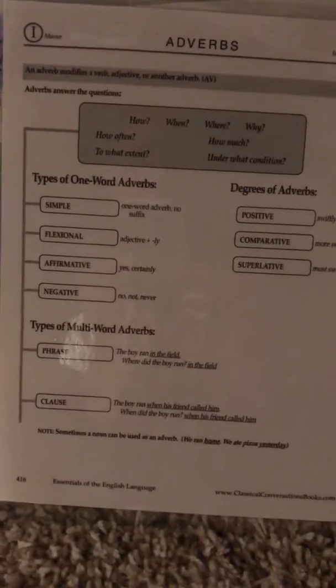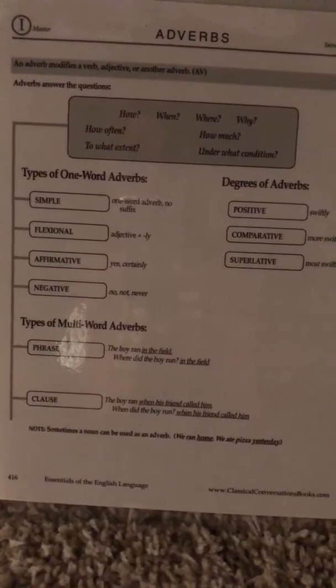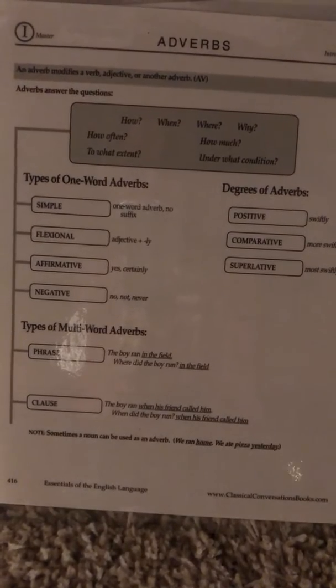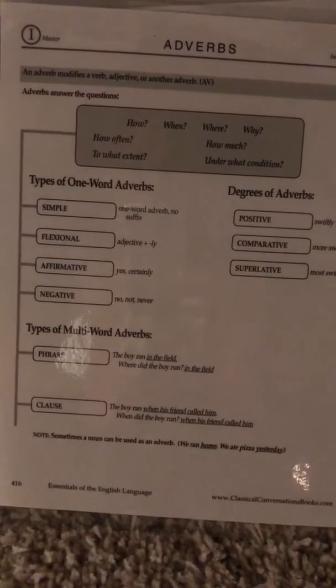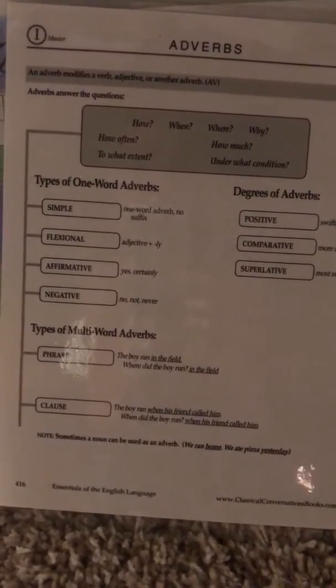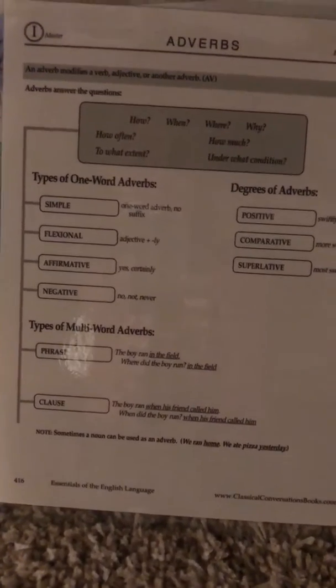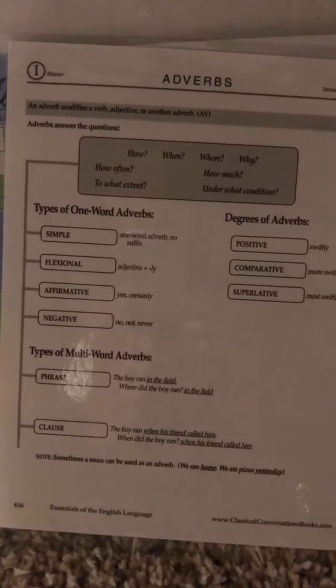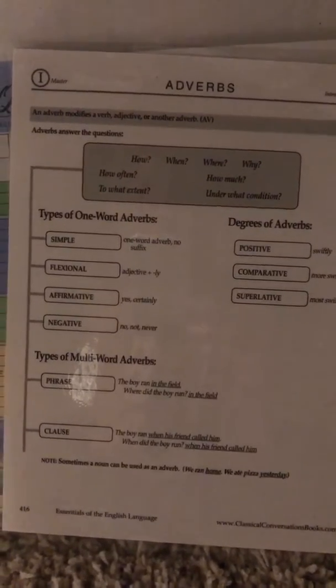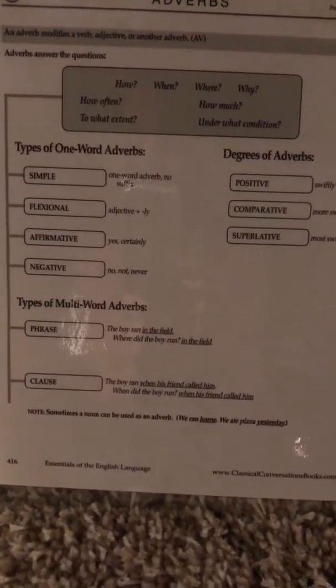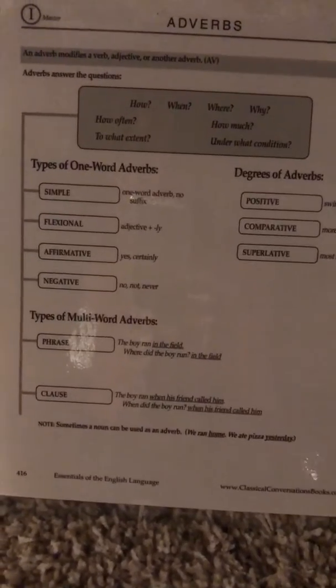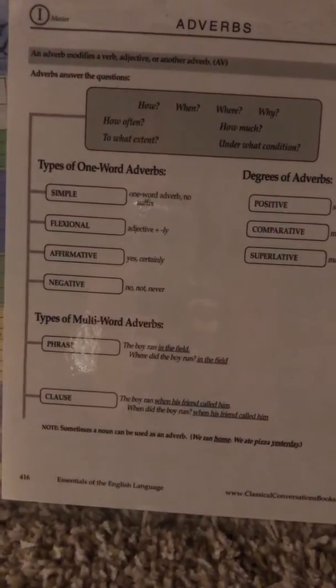And so these are all on chart I, talking about adverbs, right? The different degrees, the different types. Our flexional adverb, that's our ly. That's an adjective plus ly. That's what we do all in IEW, right? When we add our ly adverbs, right? And then there's multi-word adverbs. There's a phrase and a clause.